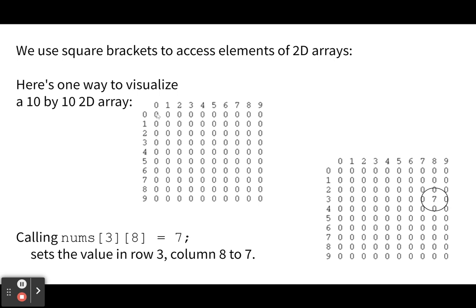So if we made this call, nums[3][8] equals 7, it would set the one at row 3, column 8 to 7.